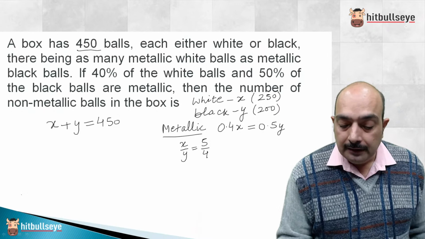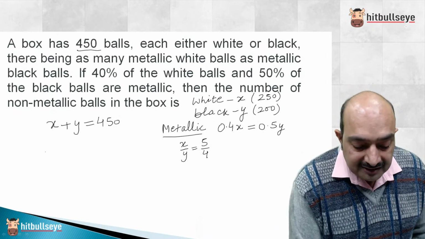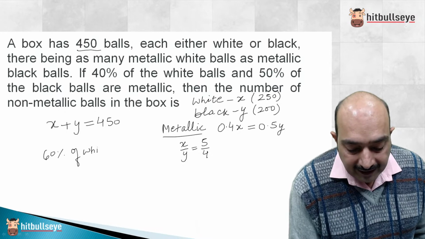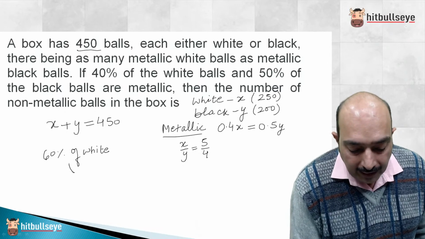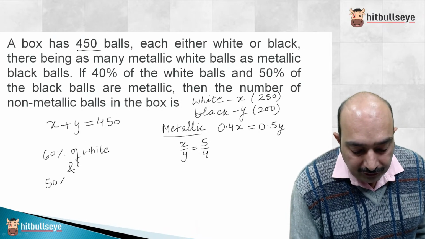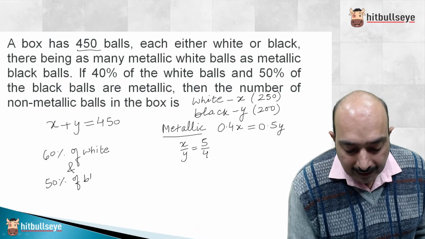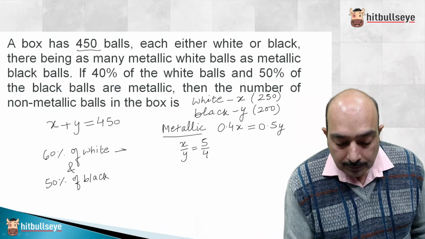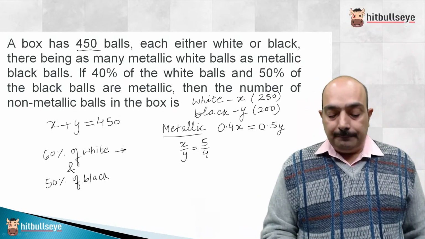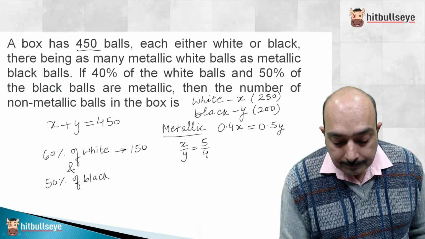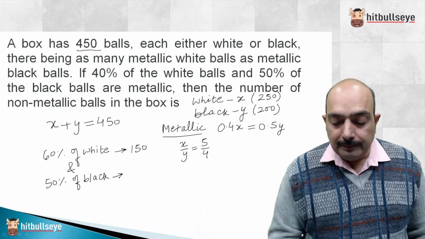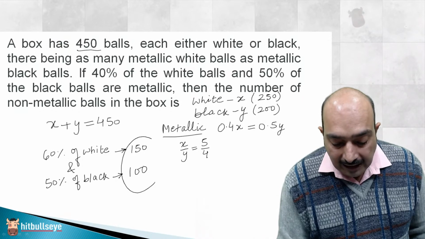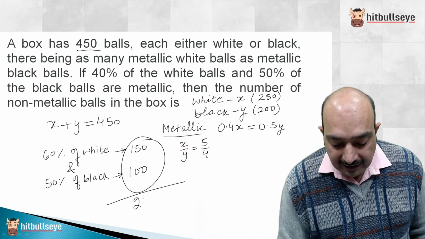What does that mean? 40% of white are metallic, that means 60% of white, yes, and 50% of black, they would be non-metallic. Your question is over. 60% of white means 150, right? And 50% of black means 200, and its 50% would be 100. Please add these two. Your answer is 250.